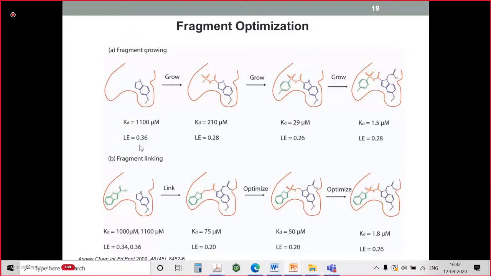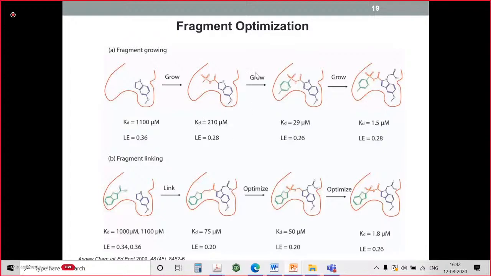Ligand efficiency denotes the free energy observed while binding of the molecule to the target site, per heteroatom, that is, atoms other than hydrogens. So that is later connected, and again the dissociation constant is determined.